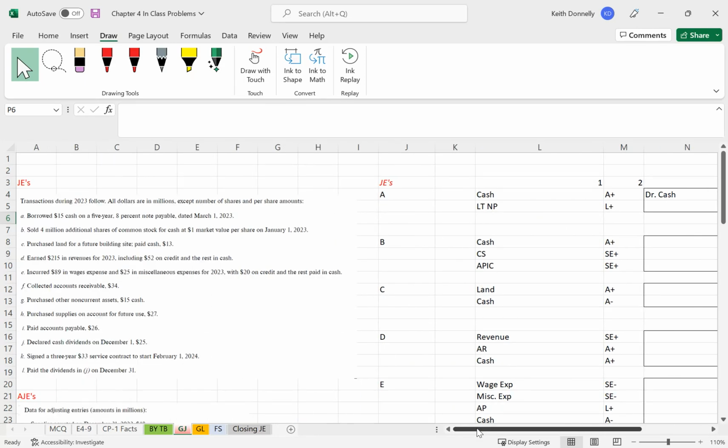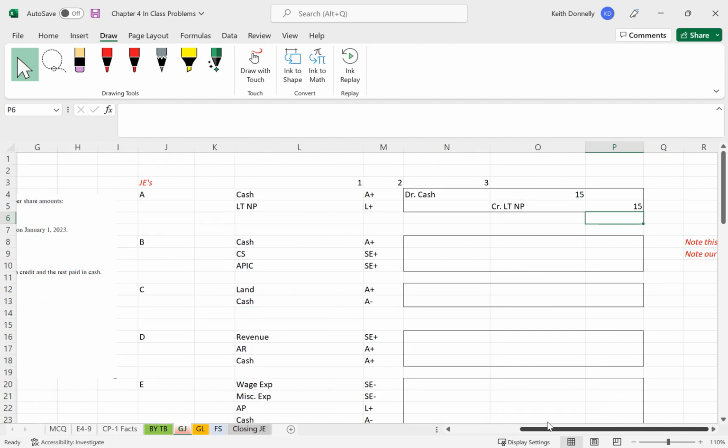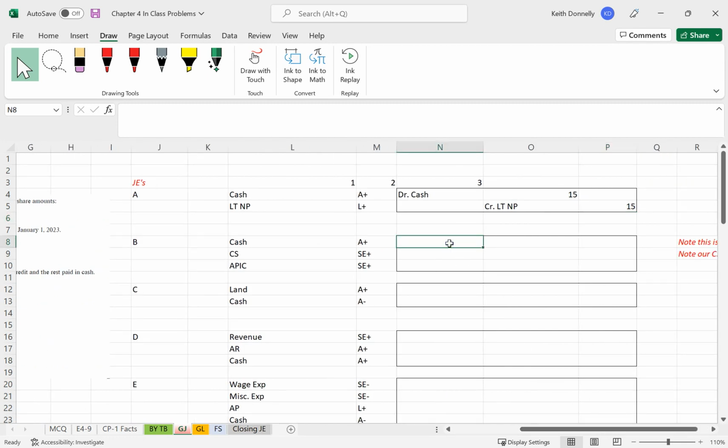So B says, we sold 4 million additional shares of common stock at $1 per share, right? In this case, we're going to debit cash, credit common stock, credit APIC. Now the cash, we sold 4 million, and remember this is in millions, so we're going to shorthand it here too, for $1 each.